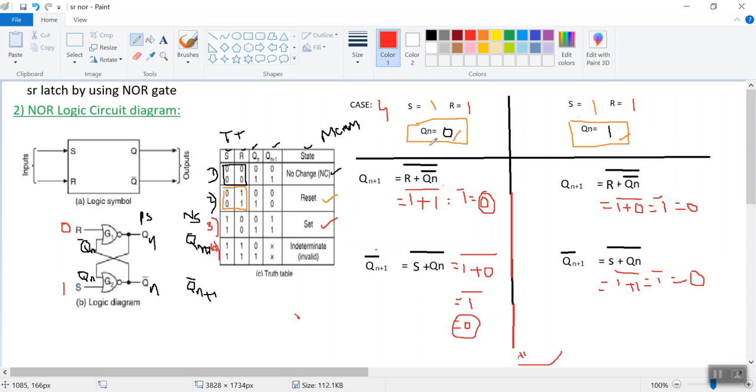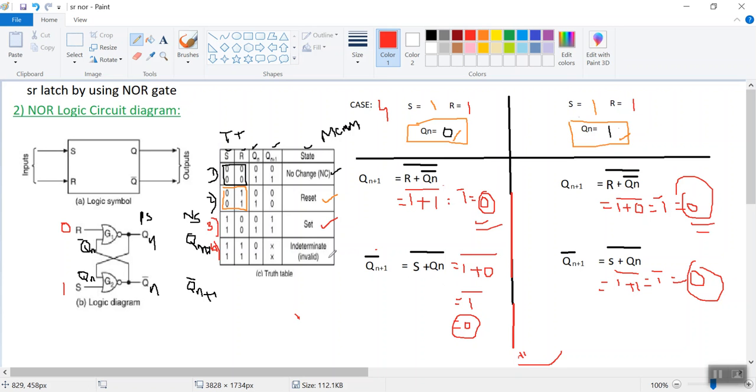So it means that when Qn is equal to 0, my next state is also 0 and its complement is also 0. When Qn is equal to 1, Qn plus 1 is also 0 and its complement is also 0. So this is our intermediate result. Whenever you are getting your resultant Qn plus 1 equal to 0, obviously Qn plus 1 bar should be equal to 1 actually, but you are getting 0 and 0.